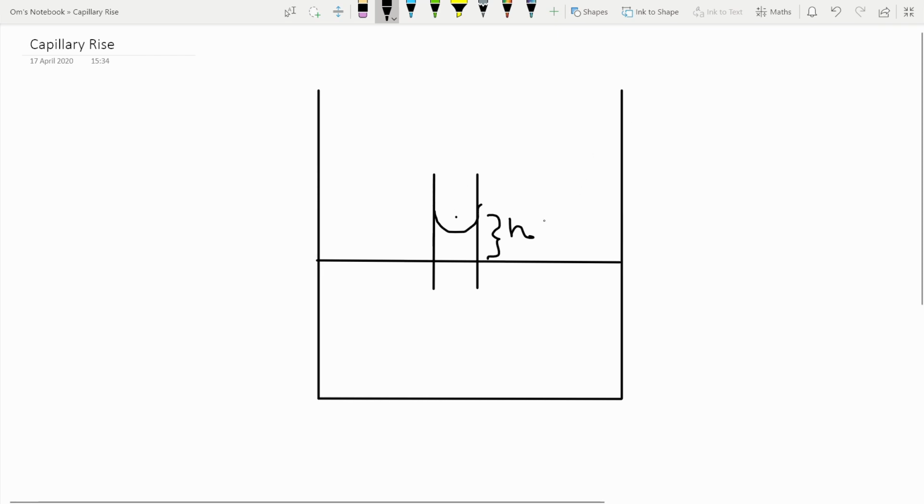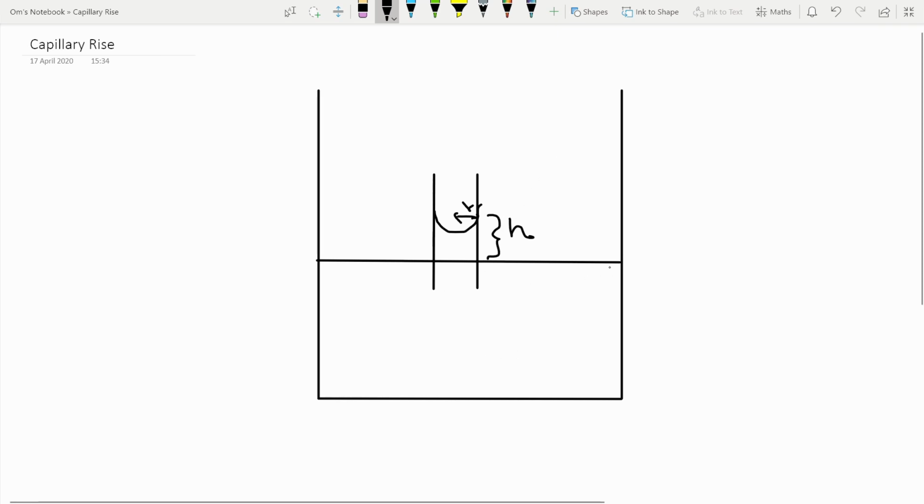So, capillary rise is a phenomenon in which a liquid placed in a narrow tube of, say, radius r, rises to a height h due to the differences in adhesive and cohesive forces of the fluid, which mainly depends on the contact angle, which we just discussed a few minutes ago.